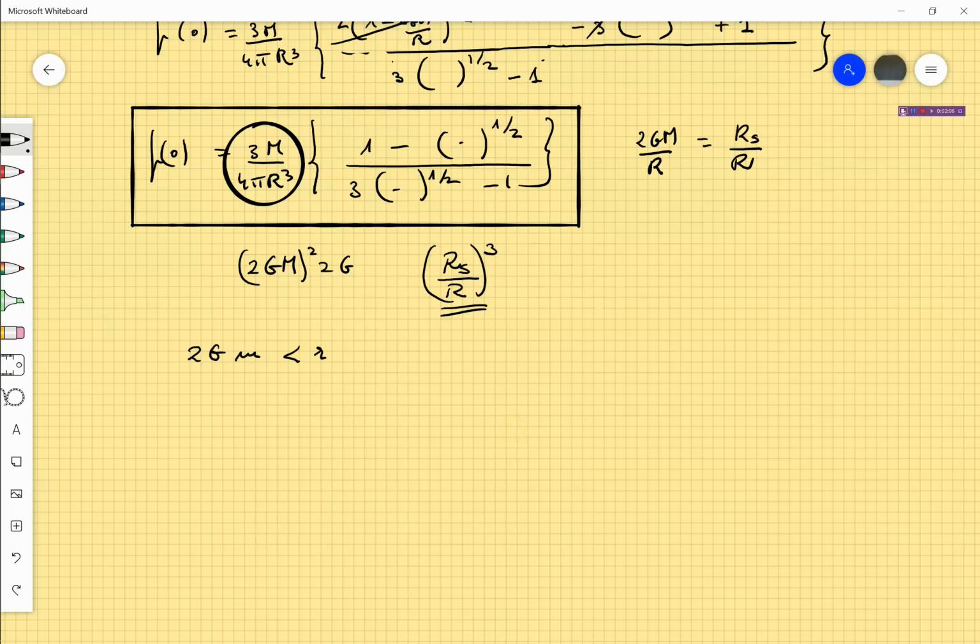Now that we know that in this case we are studying the case with constant density, we know what m is, and if you massage this a bit, you will find that you can write it in this form: R divided by r Schwarzschild larger than r divided by R squared.